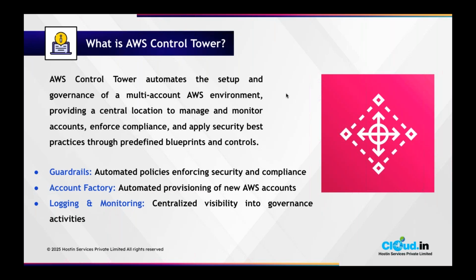With AWS Control Tower, all the governance activities are logged and monitored in one place, ensuring complete transparency and compliance. Using all these monitoring tools like CloudTrail, Config, or Security Hub, administrators can proactively detect security risks, misconfigurations, or any malicious activity within the AWS account.